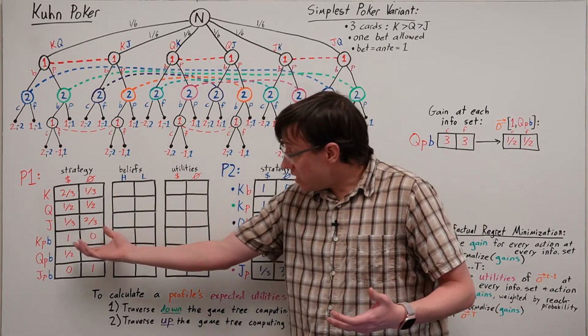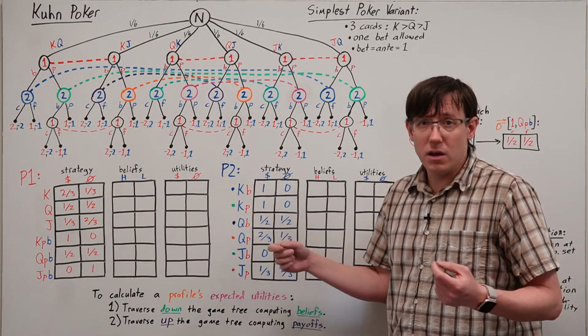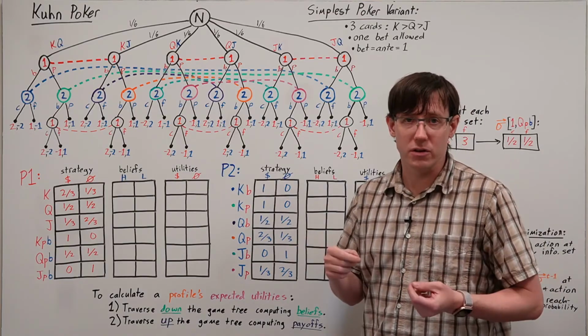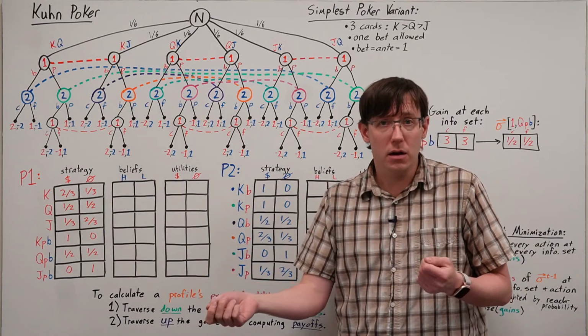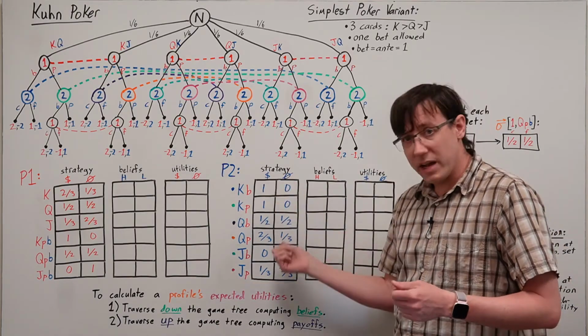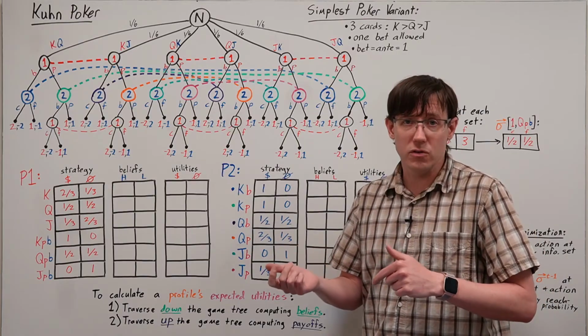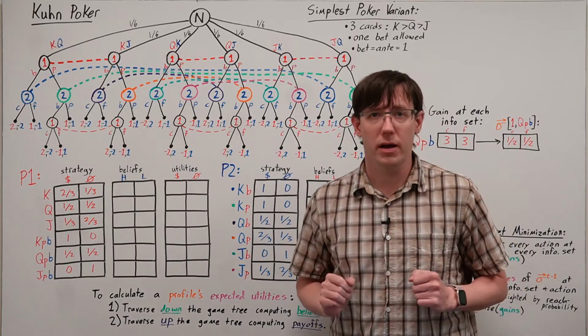In both of these tables, I've labeled the first column with a $ sign to indicate the call or bet actions, because those both involve adding a dollar to the pot. And I've labeled the second column for the fold or pass actions with a null symbol indicating that the player isn't adding to the pot.